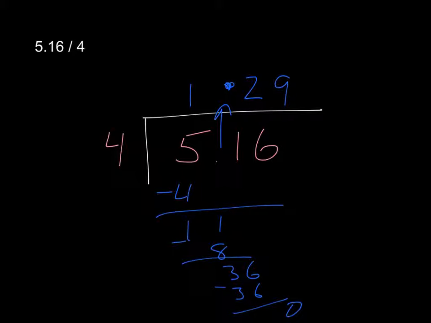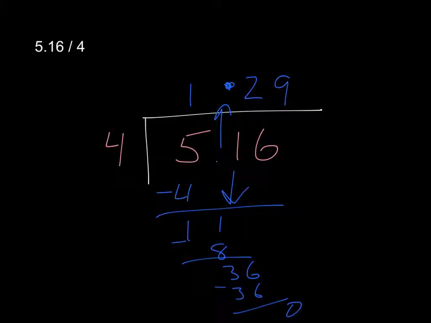Okay? 4 goes into 5 ones once, and I subtract those 4, which gives me 1. Okay, and then I will carry down my 1 tenth, so now I have 11 tenths.